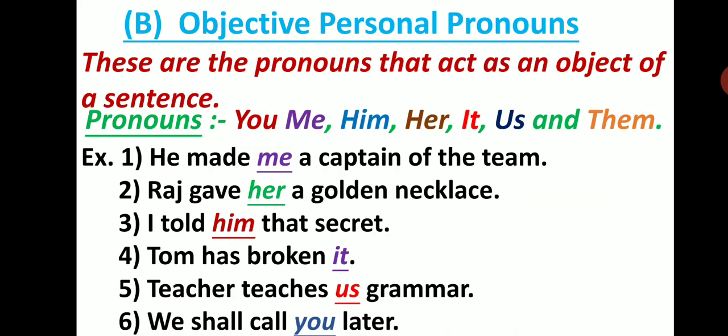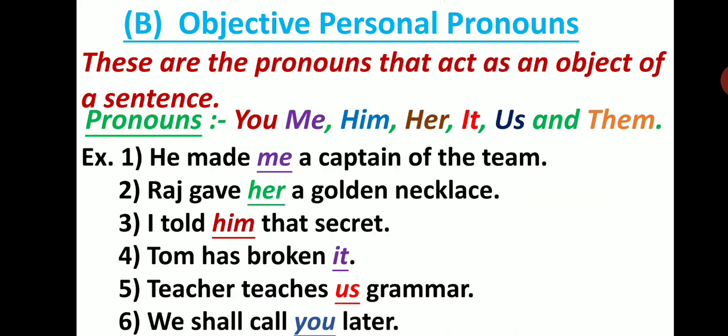The pronouns are you, me, him, her, it, us, and them. These are the personal pronouns which are used as an object in a sentence. Now look at the examples.